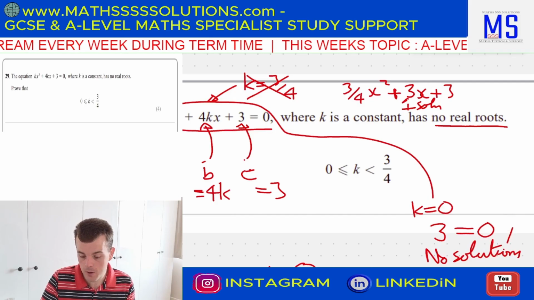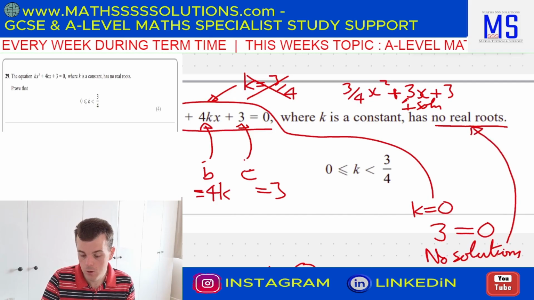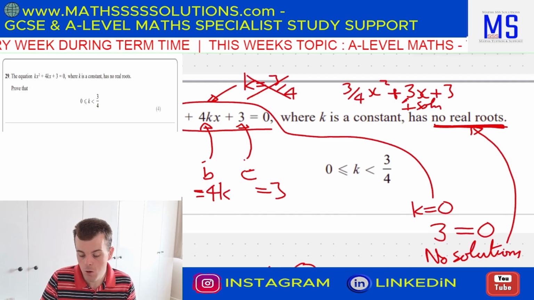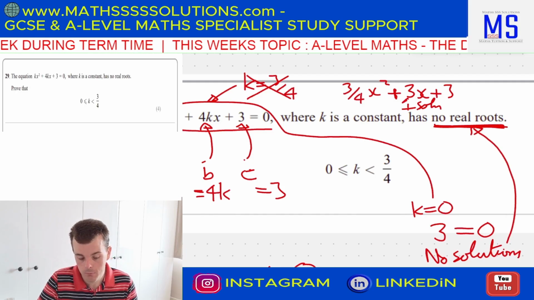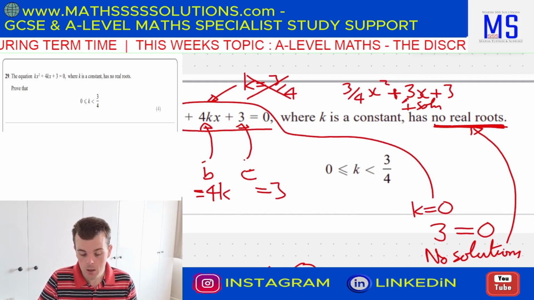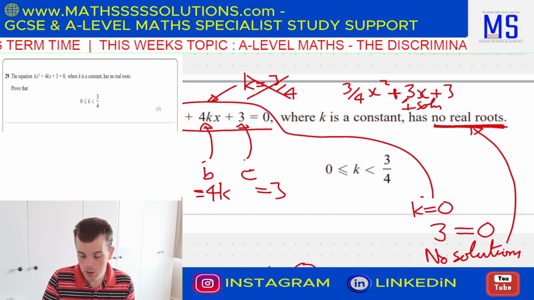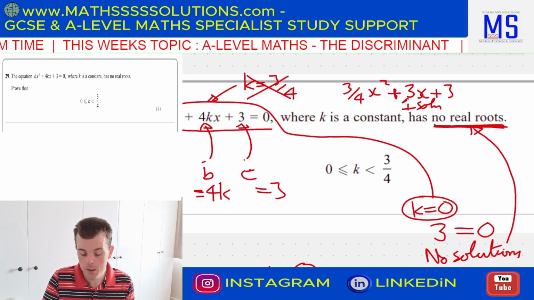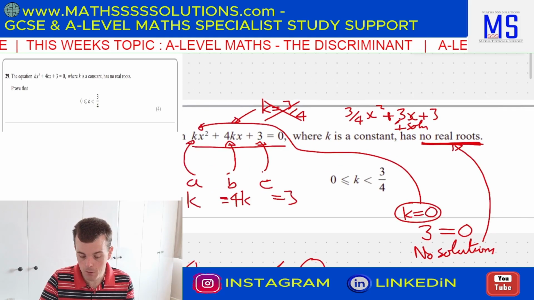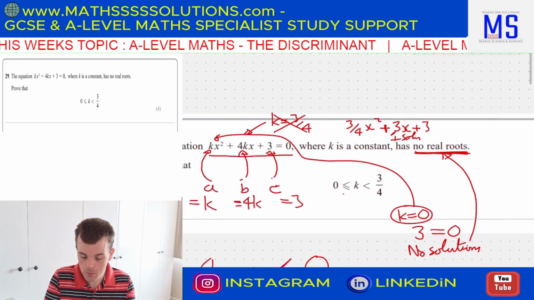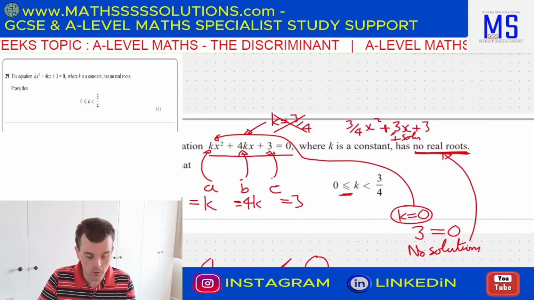And that does satisfy the property that it has no real roots, okay? So actually you do, in this case, need to include k equals 0, which is why it's important to check the bounds, okay, and why it specifies k has to be above or equal to 0.